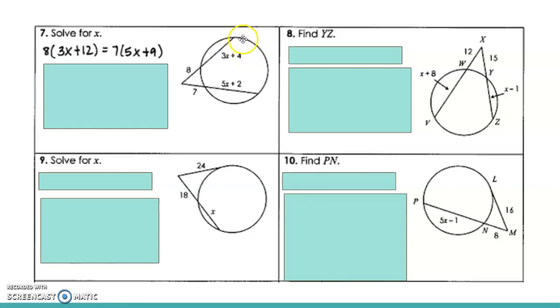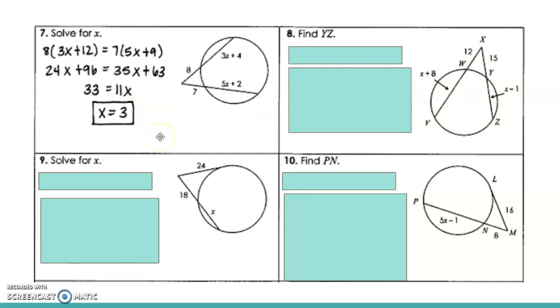If you would like to rewrite it as 3x plus 4 plus 8 first, that's perfectly fine. On the other side, we have 7 times the quantity of 5x plus 9. Again, 7 plus 2 is how we get 9, but we can rewrite that out as 5x plus 2 plus 7 if that helps. When we solve for x, we find that x equals 3.